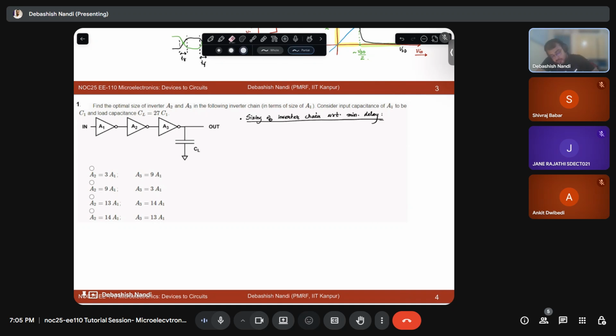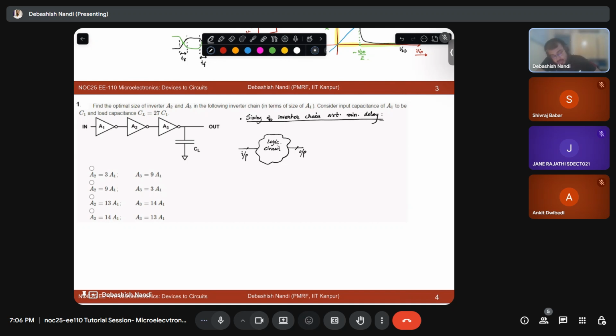So first question, let me assume there is a circuit, and this is, let's say, output, and this is input, some logic circuit.